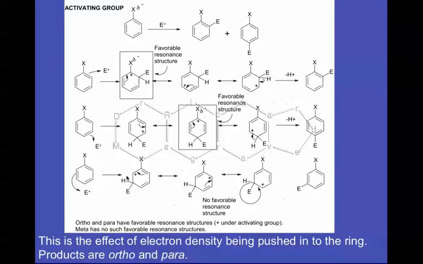Now in the case of meta, you'll notice that the positive charge can never end up directly under the X. It can end up here, it can end up here, and it can end up down here, but it can never end up being under the X. So what we're saying there is that in the case of an activating group, we've got the possibility of favorable resonance structures only if the electrophile adds to the ortho or para positions of the aromatic ring. In the case of meta, we don't end up with any favorable resonance structures, so we don't end up seeing a meta product.